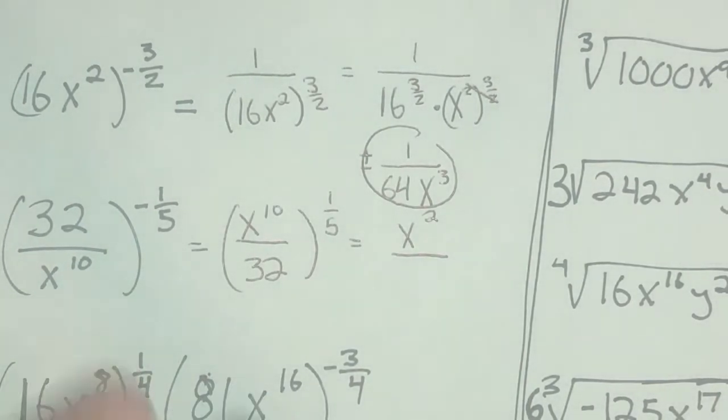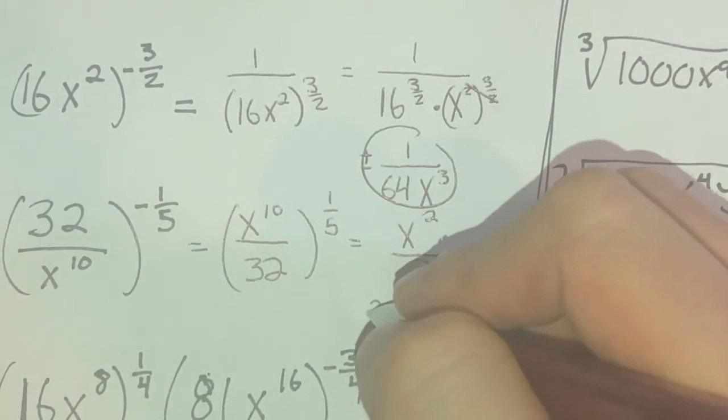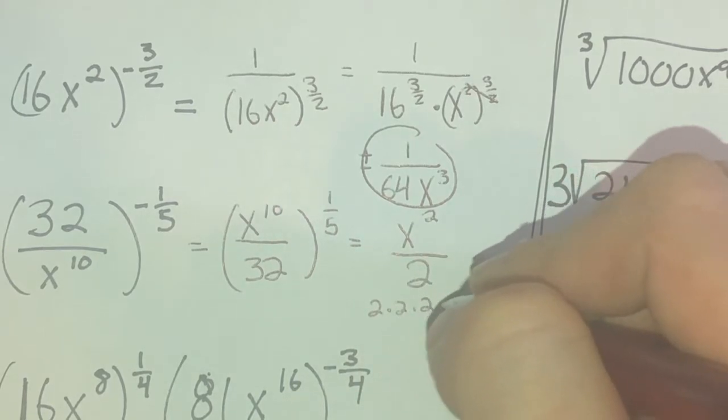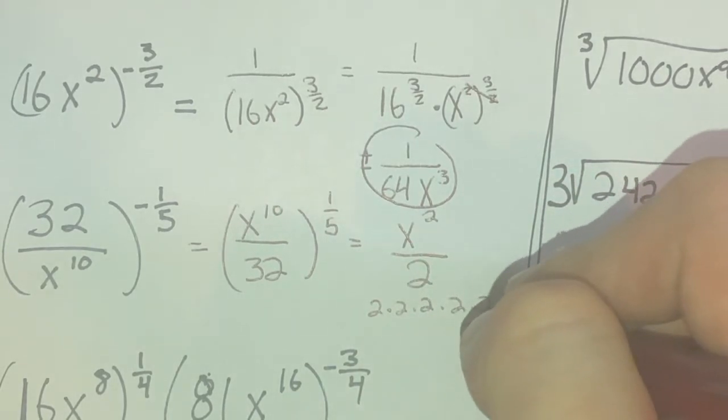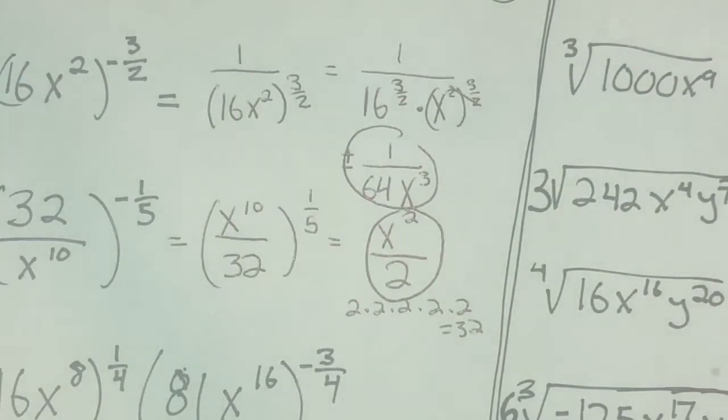Now, 32 to the 1/5. What number times itself, times itself, times itself, times itself is 32? That is 2, right? Because 2 times 2 times 2 times 2 times 2 is 32. So we get x squared over 2, right? So with a quotient, you're breaking it down one piece at a time.